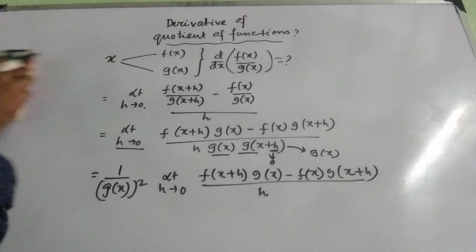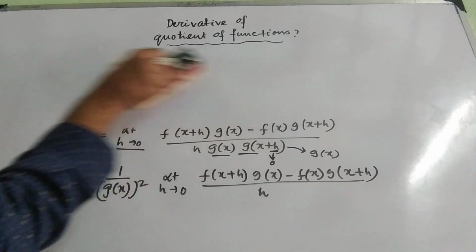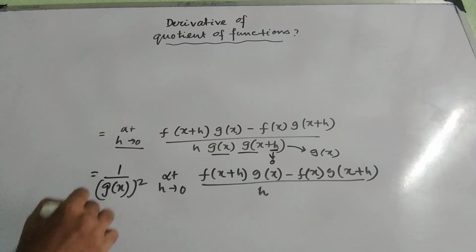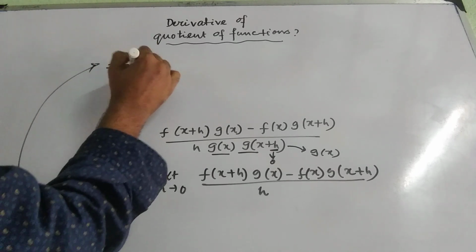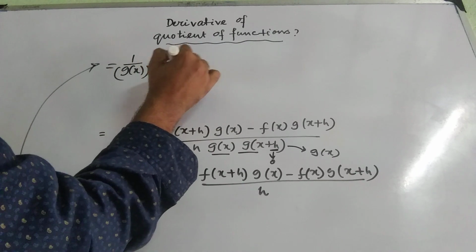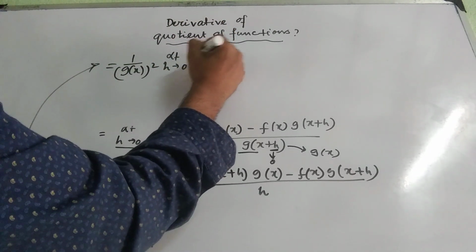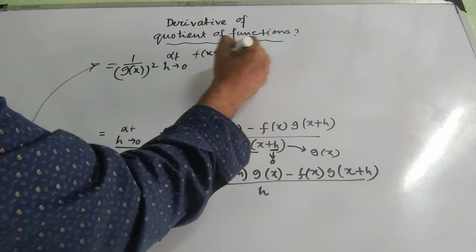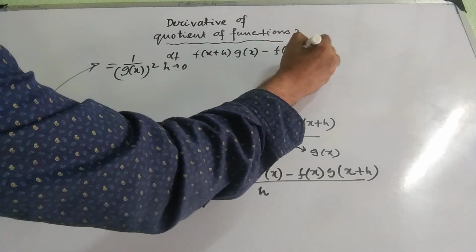Now, how shall I proceed for the next step? Here is the trick. I am removing the upper section and writing the last line this way. I keep 1 by g(x) squared outside the limit, then the limit as h tends to 0 of f(x+h) g(x), minus f(x) g(x).